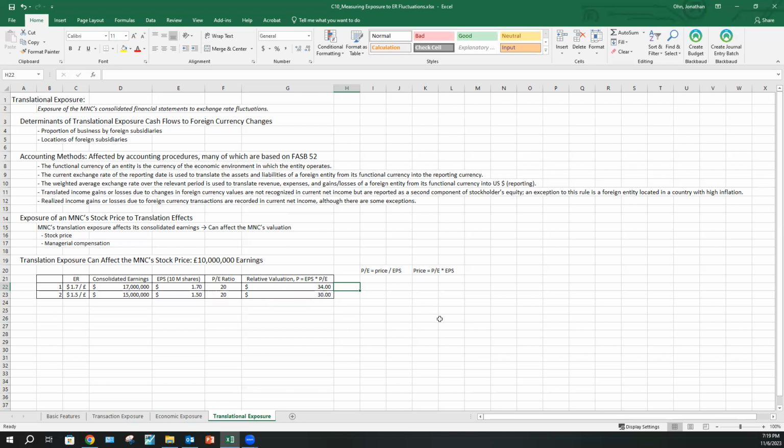Now, as I said, manager compensation is based on the valuation, here the $34. So that could make a difference in manager compensation and other decisions, right? So I think this is it. I covered this chapter.